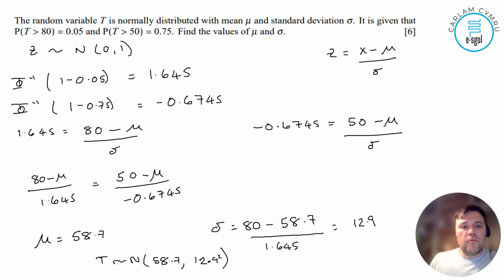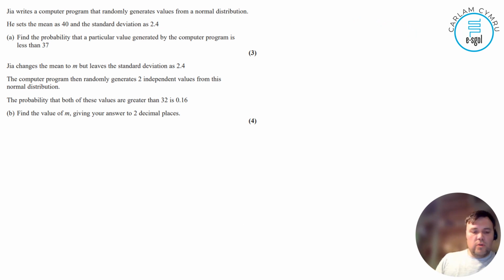And then moving on, two more questions to go through. First one, Jaya writes a computer program that randomly generates values from a normal distribution. He has set the mean at 40 and the standard deviation as 2.4.